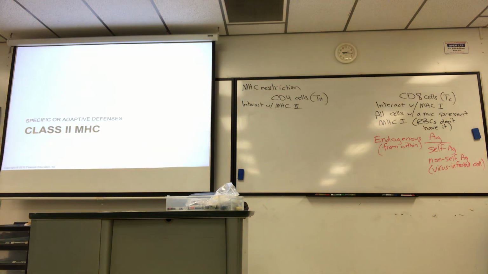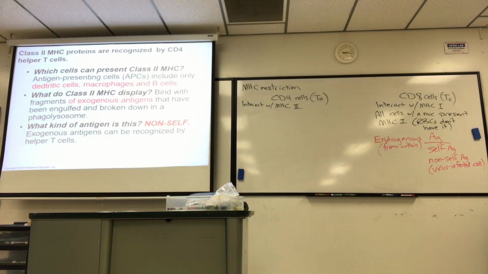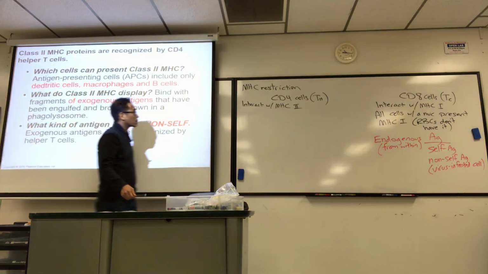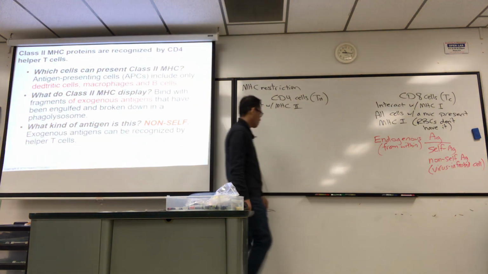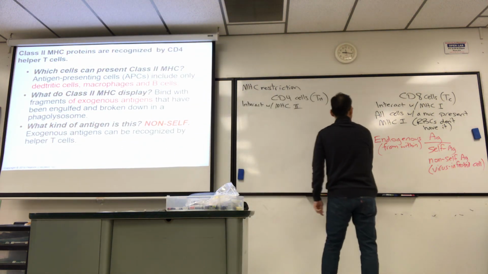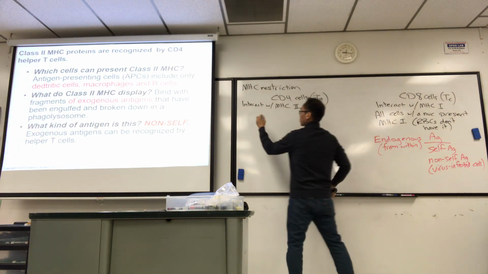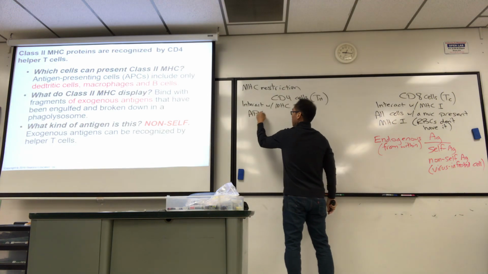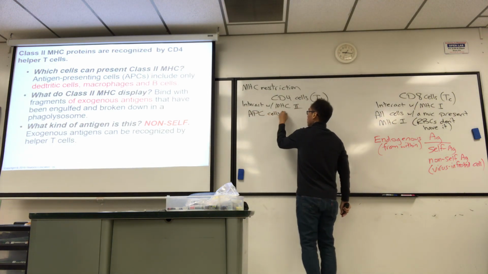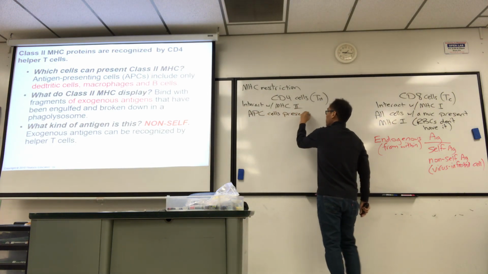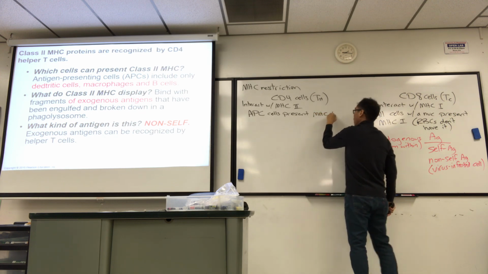Let's have the same conversation for class 2. Which cells present class 2? It's the APC cells, right? Dendritic cells, macrophages, B cells. Answer the first question, which cells have MHC? APC cells present MHC class 2.